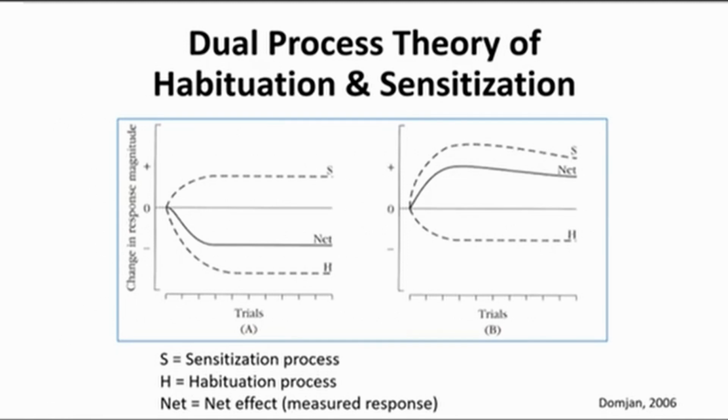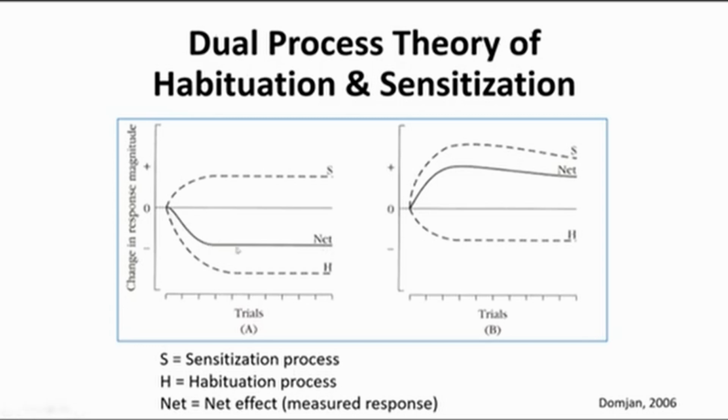So this diagram is from our textbook, and all of these are going to have basically a change in response magnitude. So 0 means no change, plus means there's an increase in responding, and negative means there's a decrease in responding. And then this axis is almost always time in some way. So here it's trials. And so A is going to be showing us a net habituation. So this would be a habituation effect because we're seeing overall a net decrease in behavior.